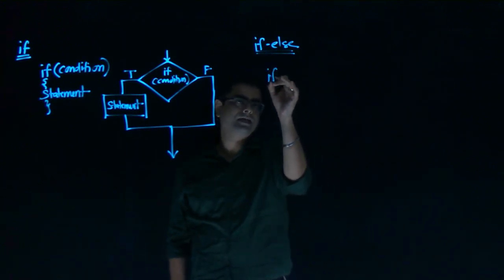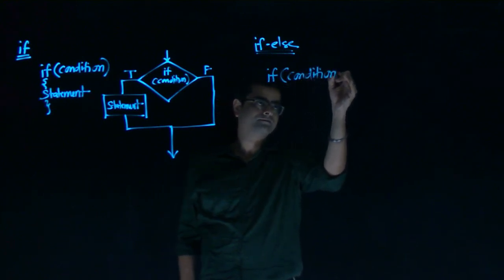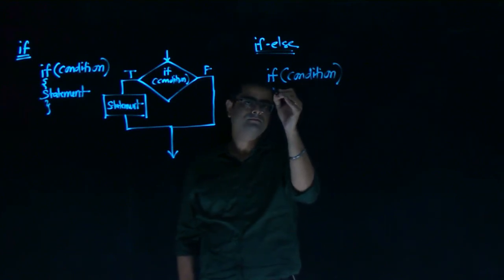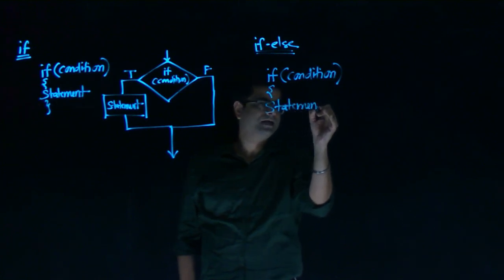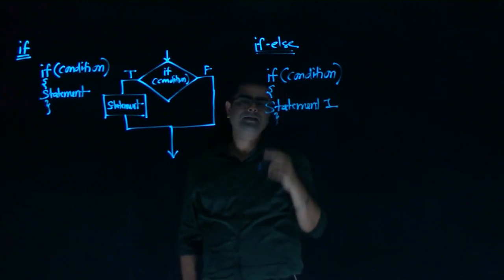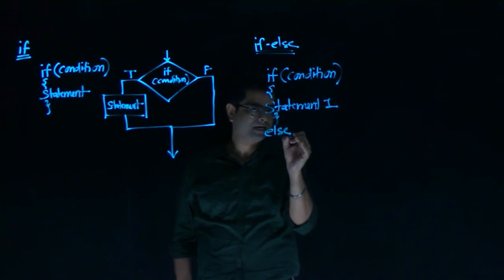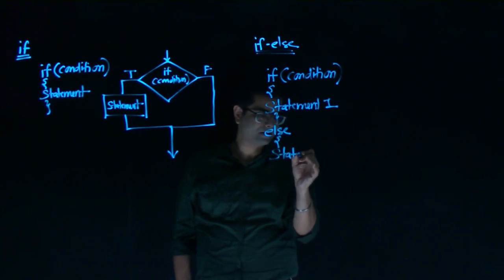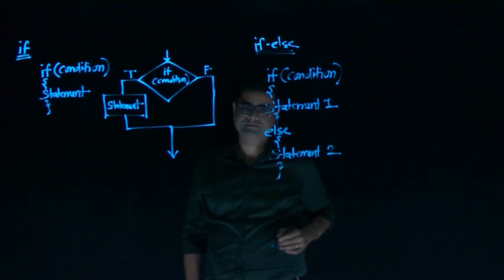We first start with if, and in brackets we specify the condition. If this condition is true, then the corresponding statement, let's say statement 1, will get executed. But if the same condition is false, then after the if statement we write else, and the else statement, suppose it is statement 2, will get executed.